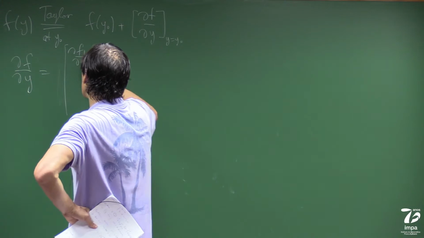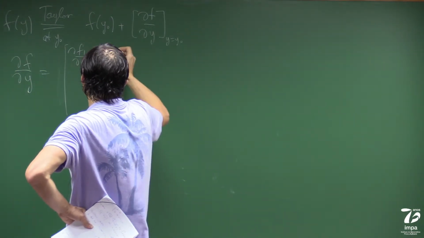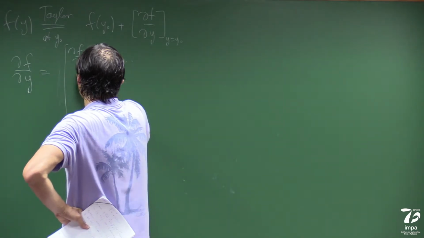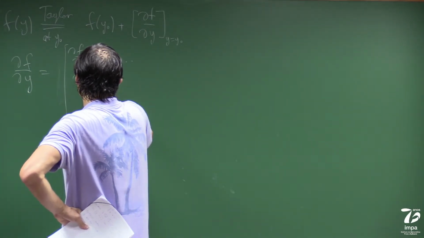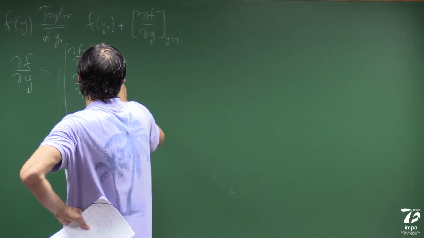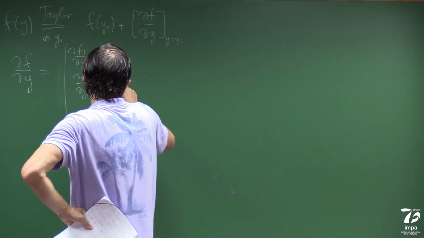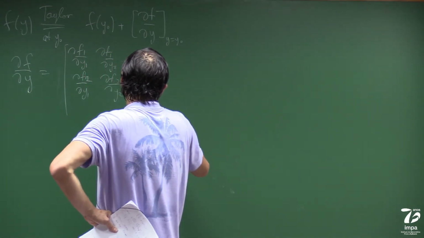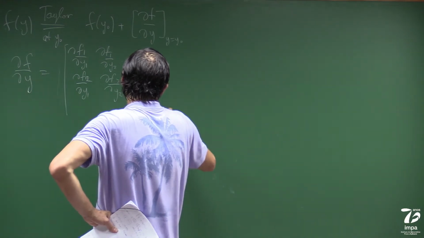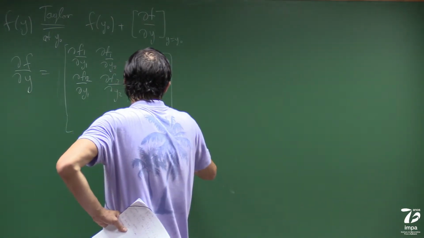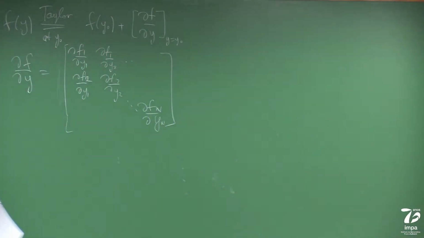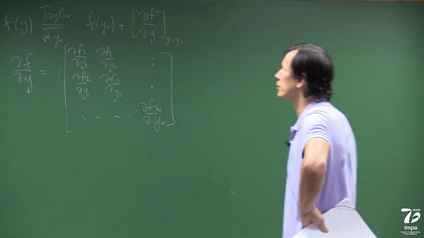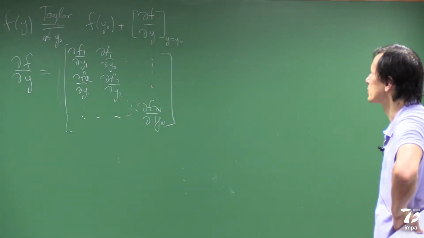df1/dy1, df1/dy2, and so on, df2/dy1, df2/dy2, up to dfn/dyn. So it's the Jacobian matrix, the matrix of all derivatives of all components with respect to all variables.